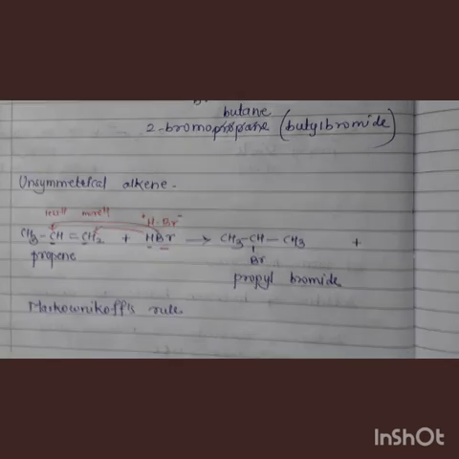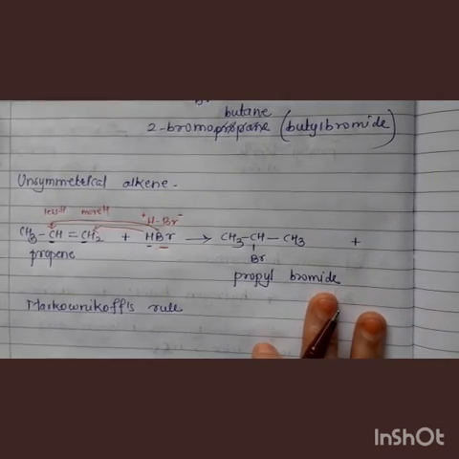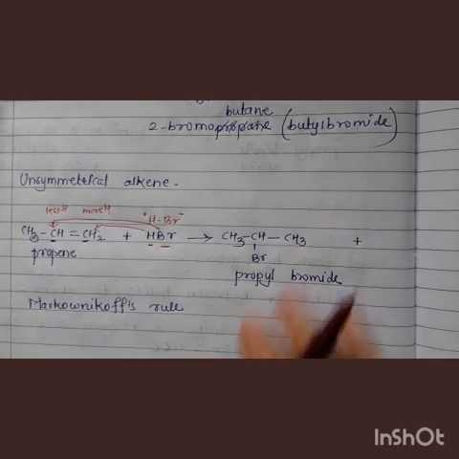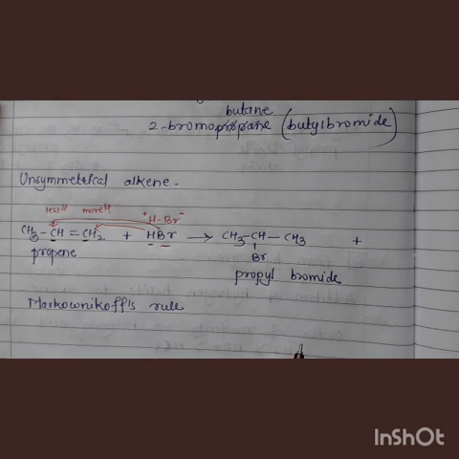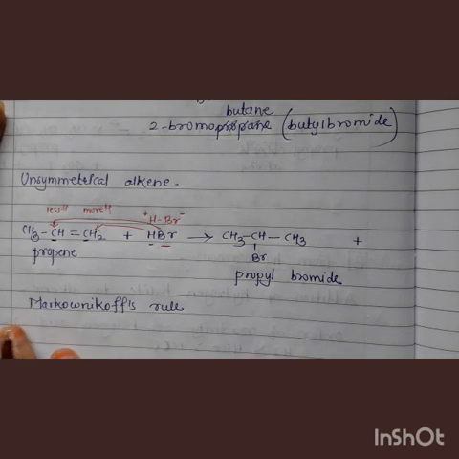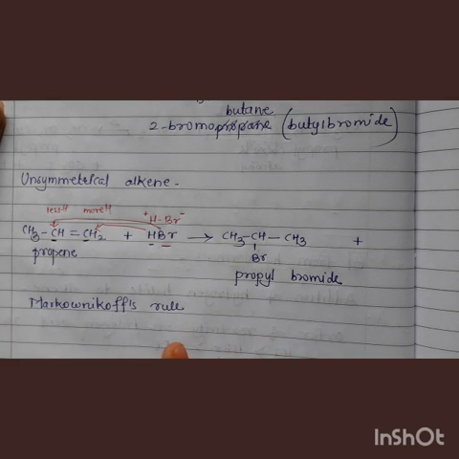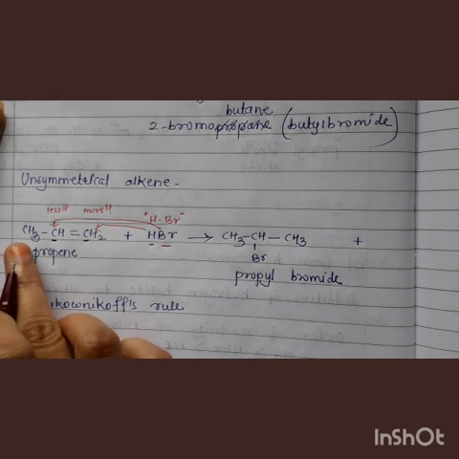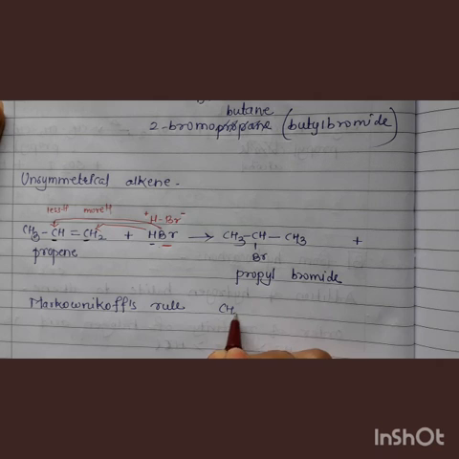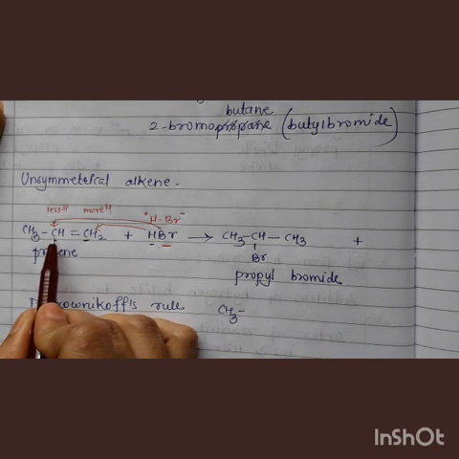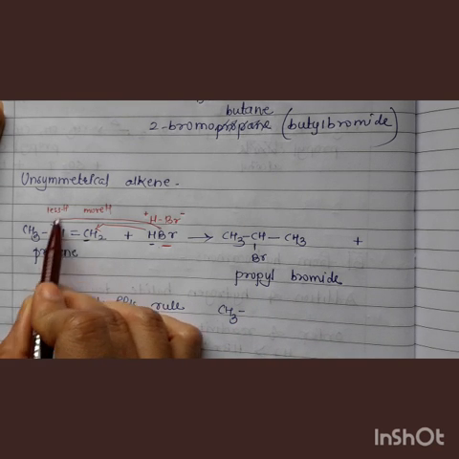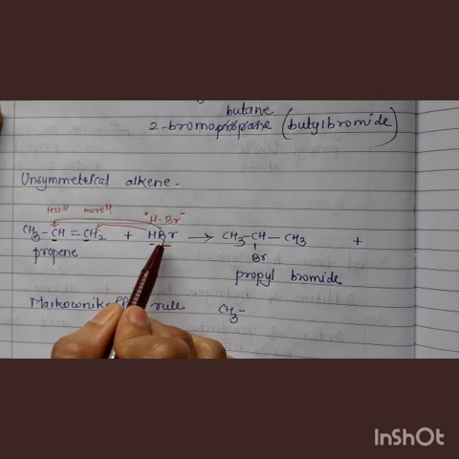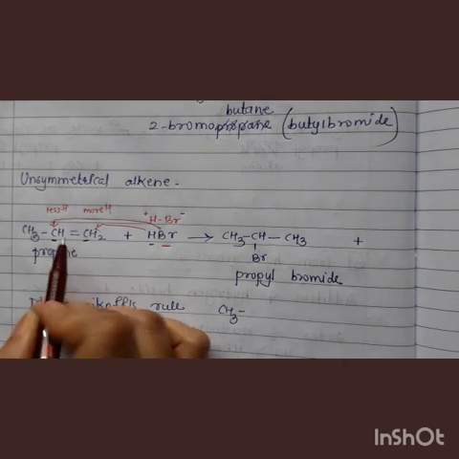So in this way, in unsymmetrical alkene, hydrogen halides are added, and here addition takes place according to Markovnikov's rule. Now here in this case of unsymmetrical alkene, one more product is also possible, which takes place according to anti-Markovnikov's addition. So exactly the opposite of this product will form. So see CH3, and on this carbon atom according to Markovnikov's rule bromine has added, but if we take the opposite reaction, anti-Markovnikov's reaction, here hydrogen will get added.